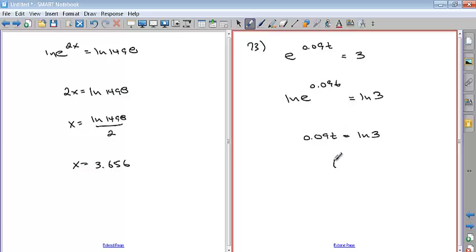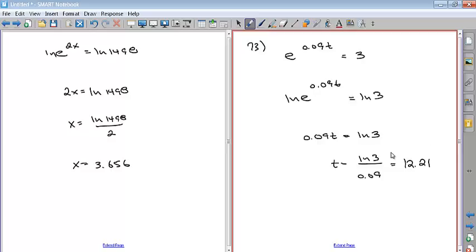And we divide by 0.09. Solve for t. So we get the natural log of 3 divided by 0.09, which is 12.21.